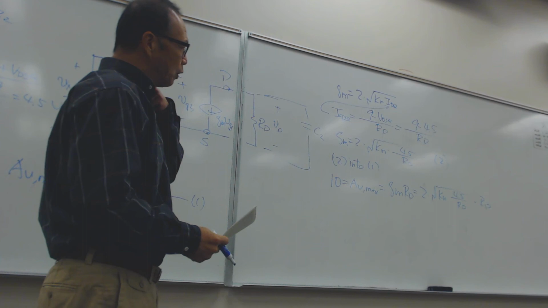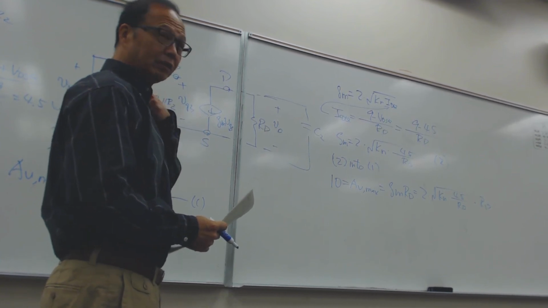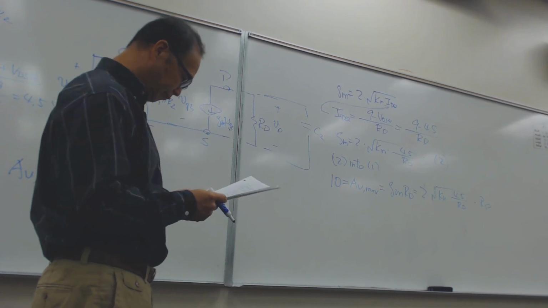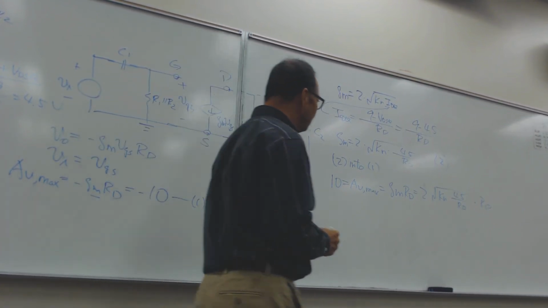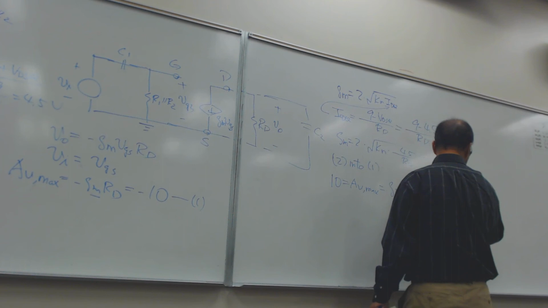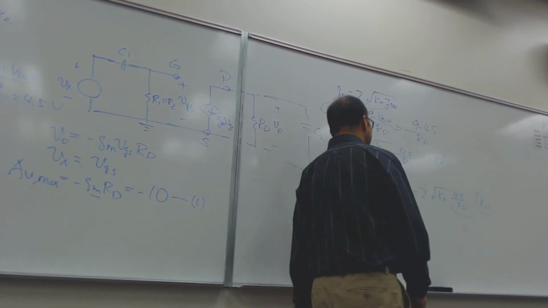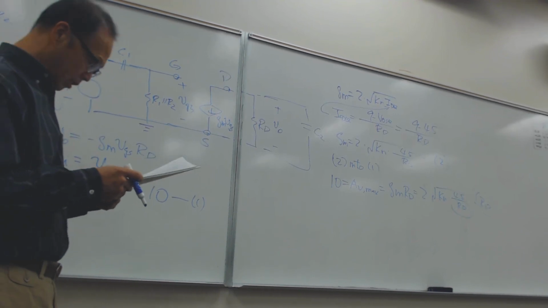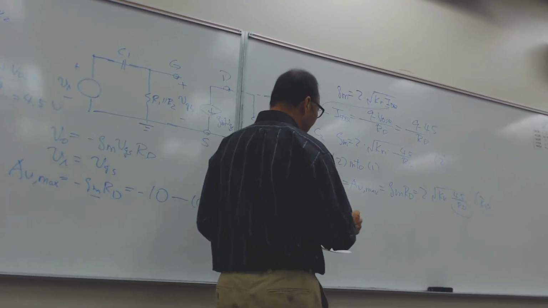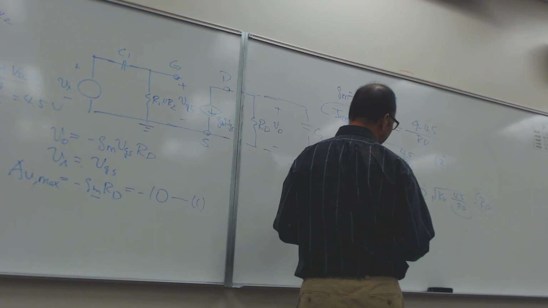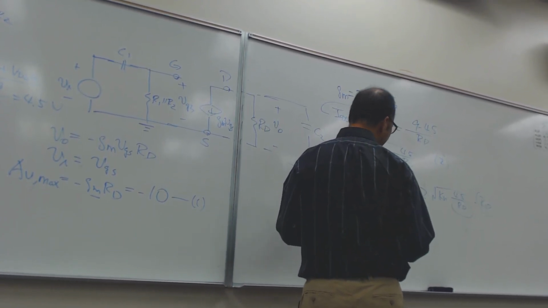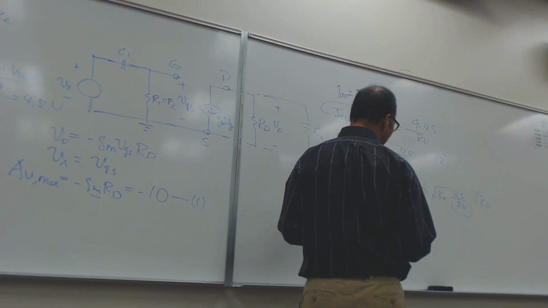So finally, I got one equation and one unknown. And the unknown, of course, is R sub D. So let's solve for this equation. It will be a quadratic equation, I think. I'm not sure.